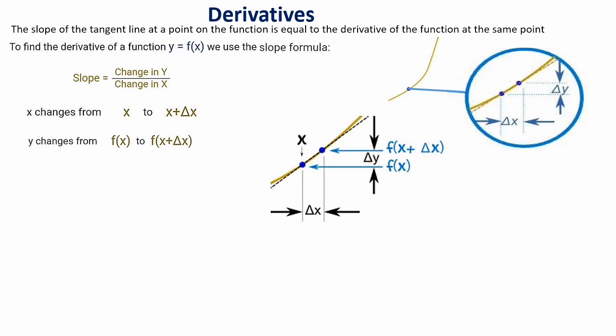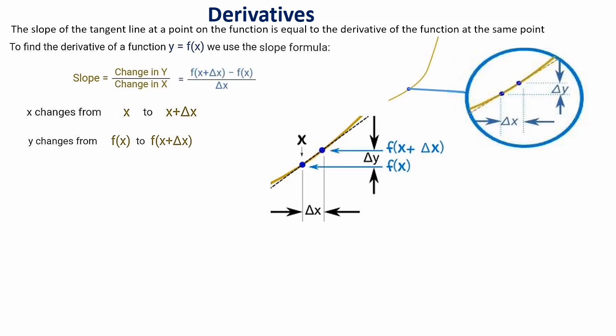Delta y means, first it was f of x, that is the y value or y function, and after taking the next point it changes from f of x to f of x plus delta x.